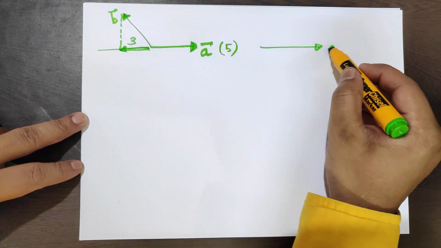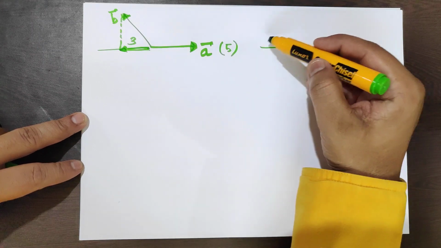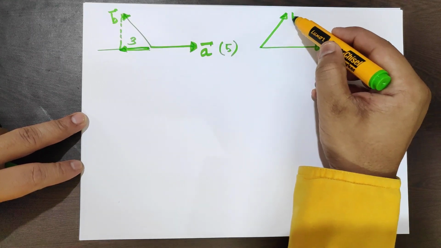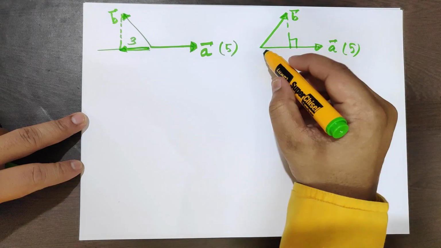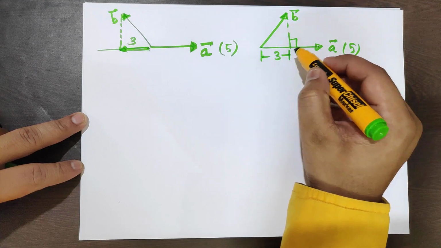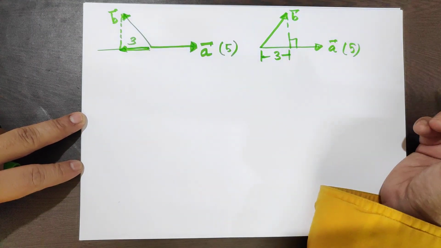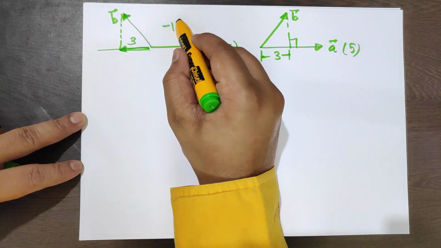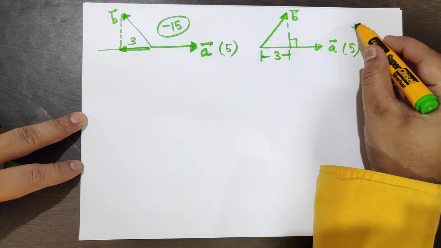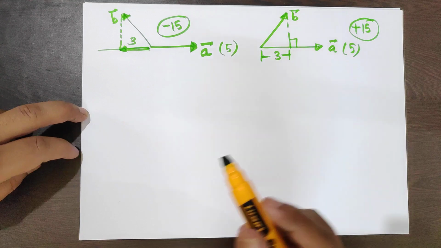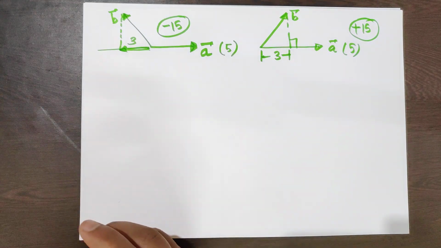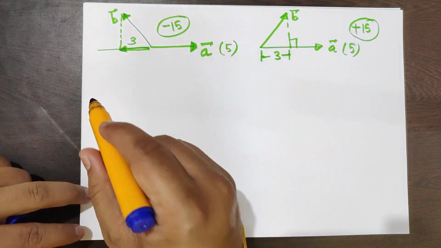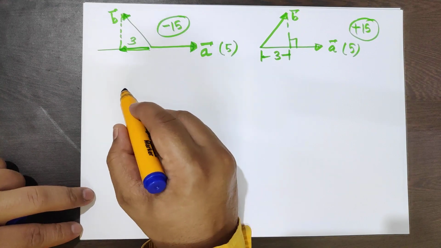But if a is 5 and this component happens to be 3, then the dot product is plus 15. So this is minus 15, and this value would be plus 15. However, it's the component of b on a.